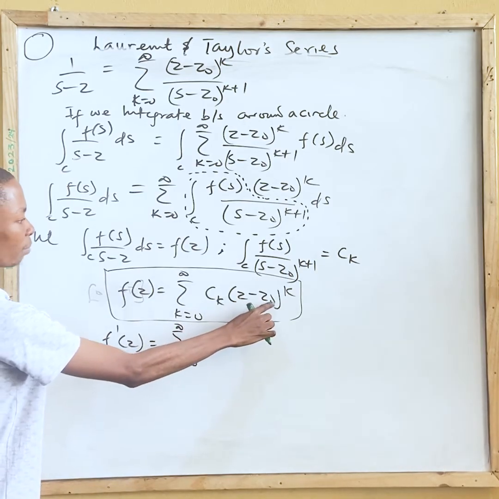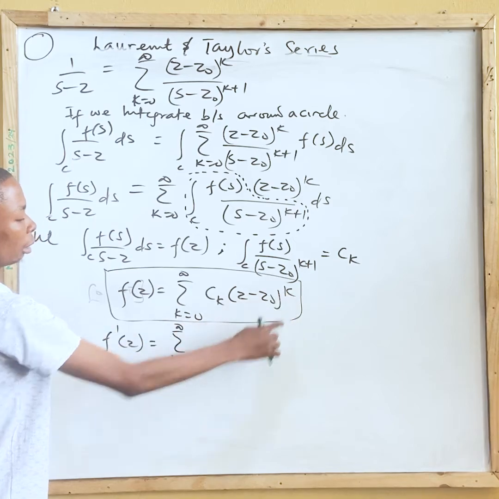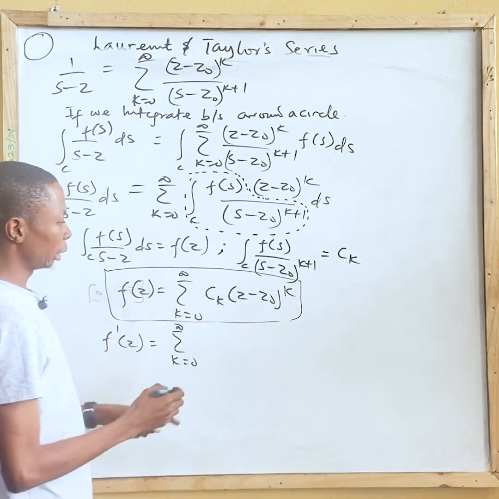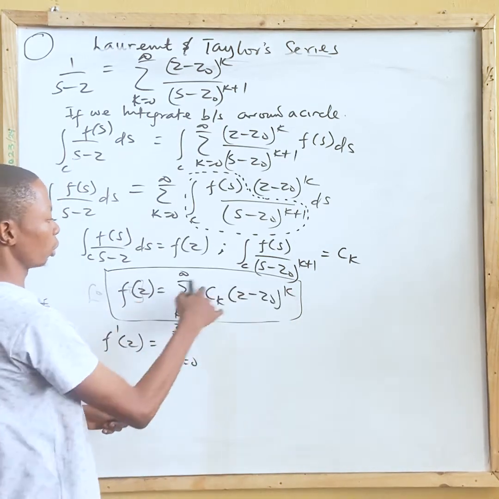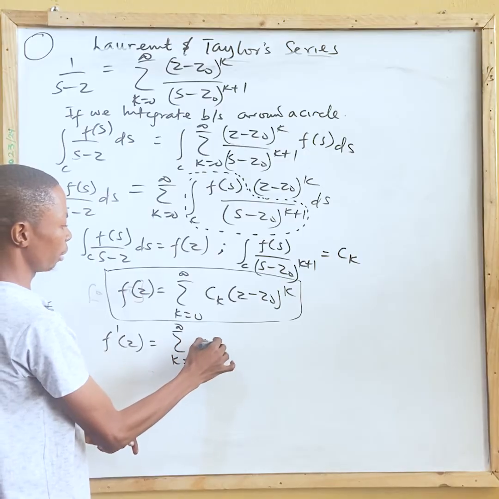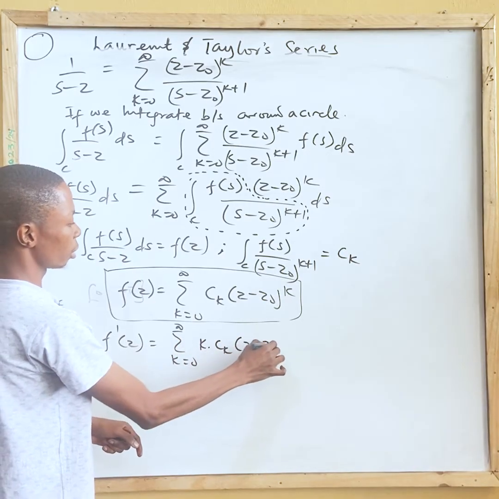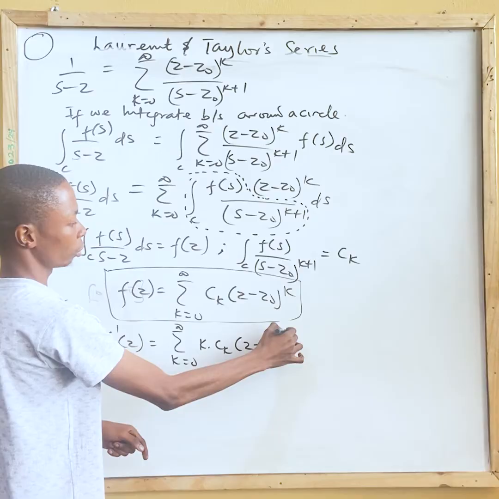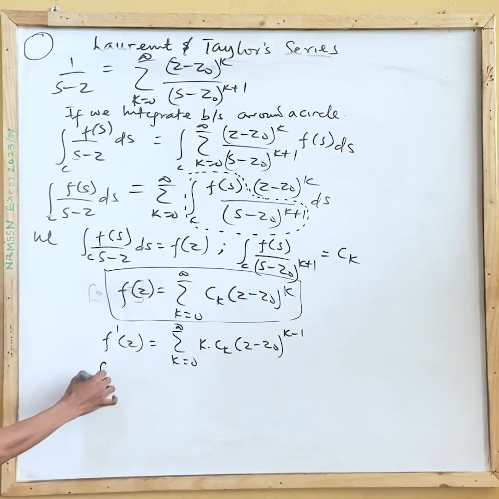If I differentiate z minus z naught raised to power k, don't forget the chain rule. This k will multiply like this. We are going to have k times ck z minus z naught raised to power, we subtract 1 from this one, k minus 1.